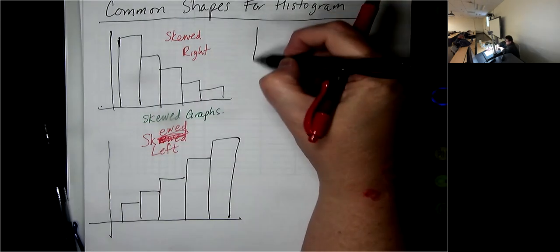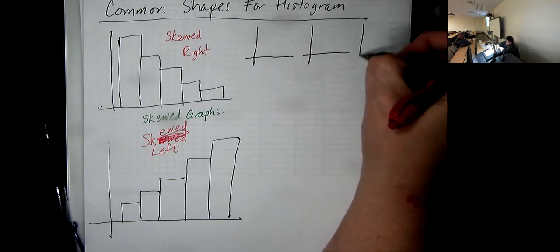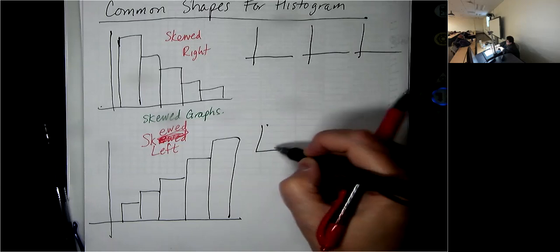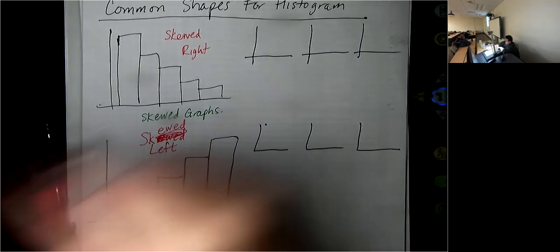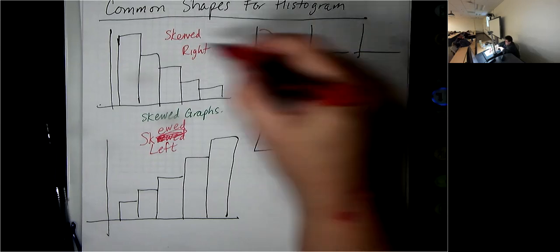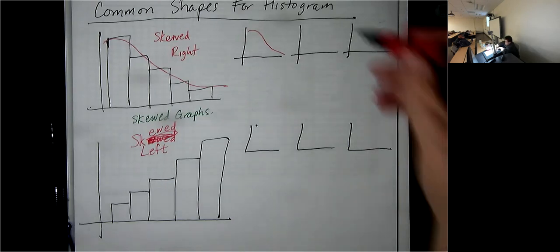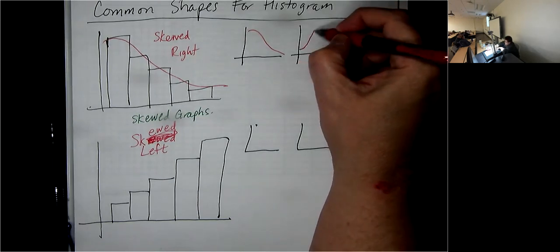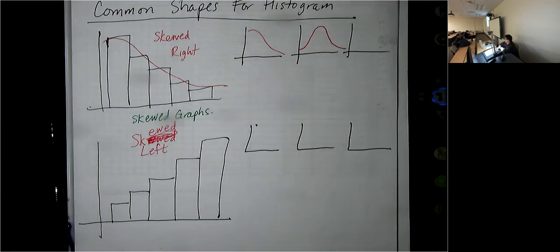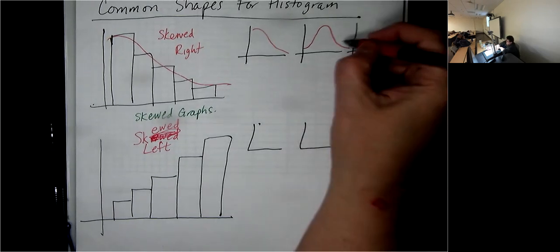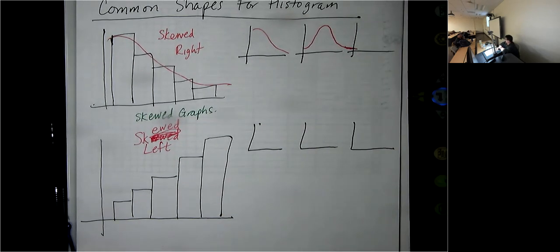Now, if I were to draw this, I'm going to do little pictures for each of them. The one I just did, if I put a curve going down the top, it's like that. Sometimes it starts low, but then it goes really long on the right side. Still skewed right, as long as the right side's much longer than the left. It's arbitrary at some points, because at some point the hump looks close to the middle.